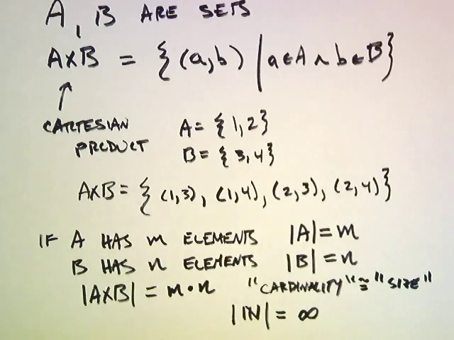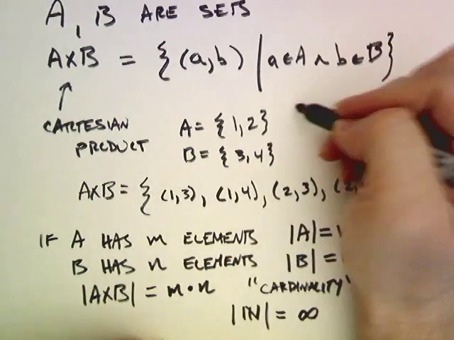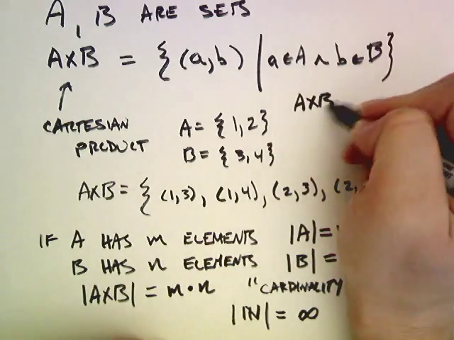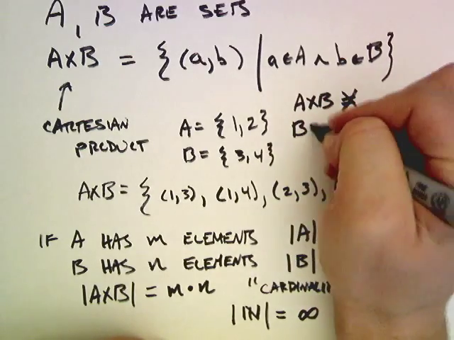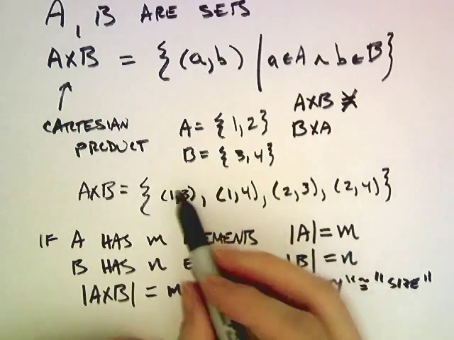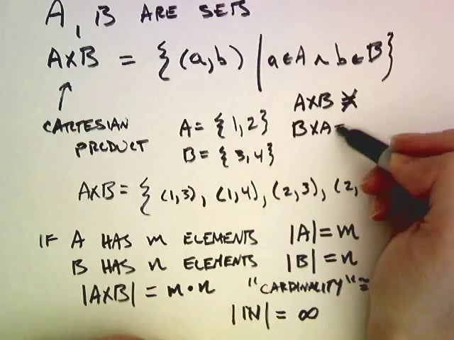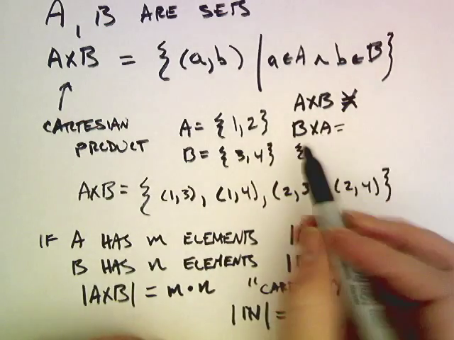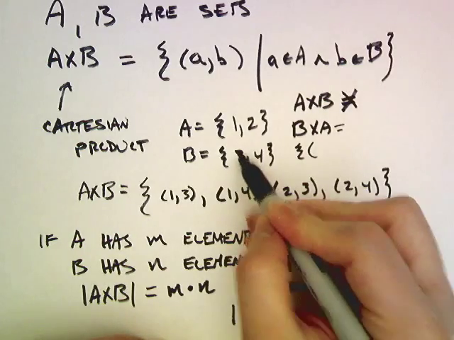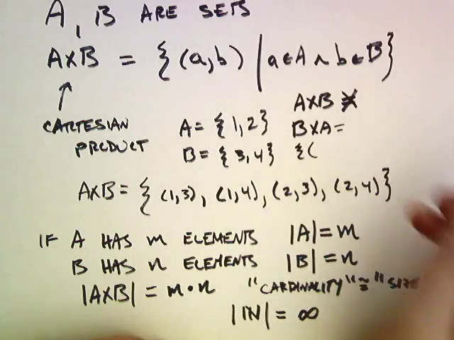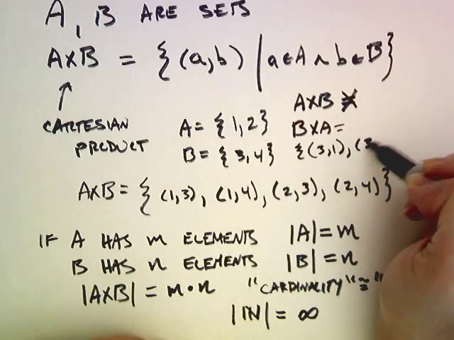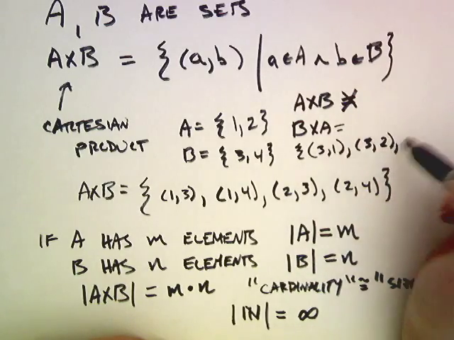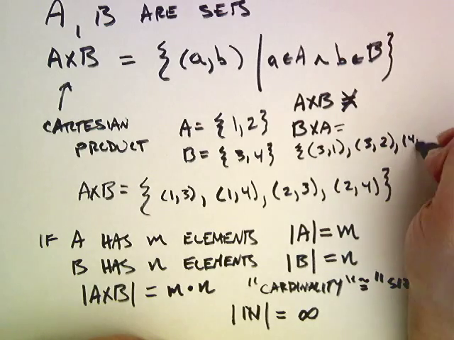Oh, one last brief note. The set A cross B does not equal the set B cross A, because the set B cross A is going to be, well, first we do elements of B and then elements of A. So (3, 1), (3, 2), and then (4, 1), (4, 2).